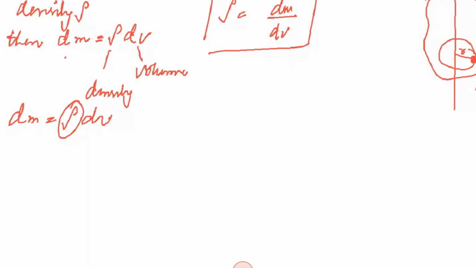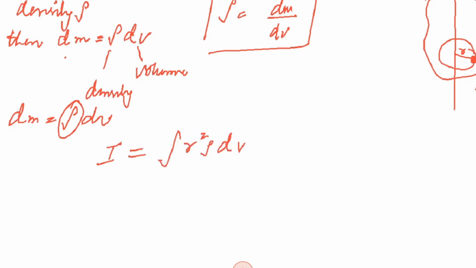So we can simply write the body's moment of inertia in terms of volume elements. The moment of inertia will be equal to the integral of r square rho dv, sorry, rho dv, and the integral will be in terms of volume.